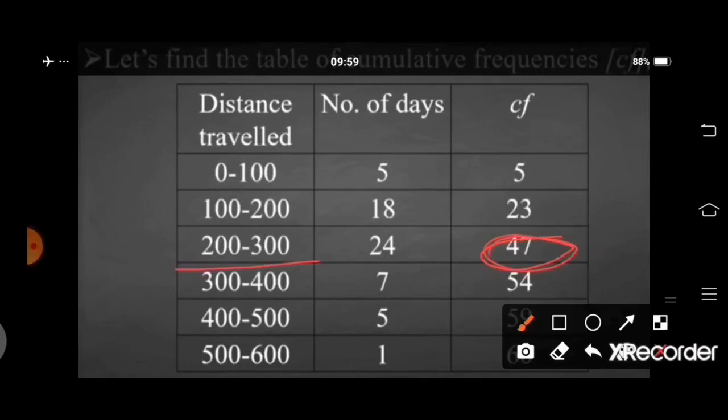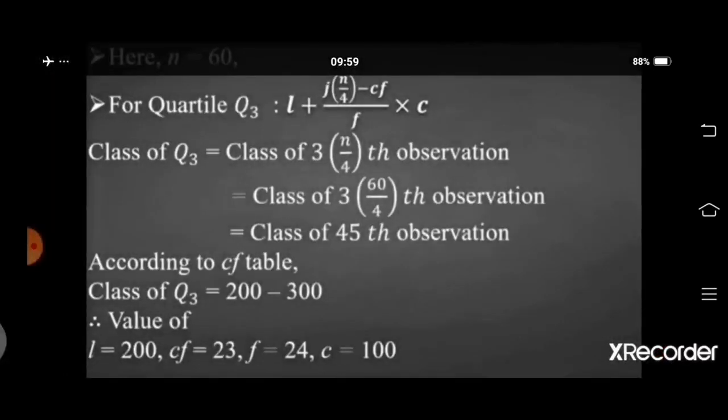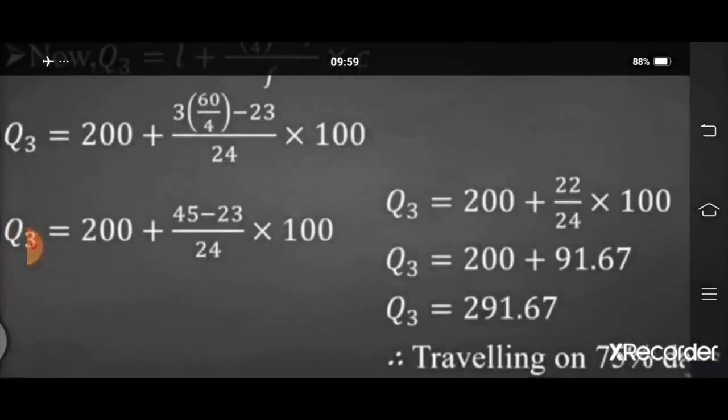So L equal to 200, class length C equal to 100, CF equal to 23, the previous class cumulative frequency, then F equal to 24. We will write these in the formula.